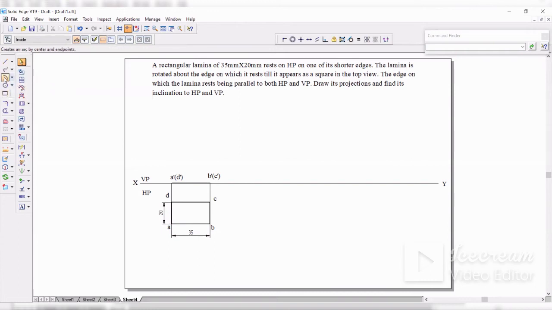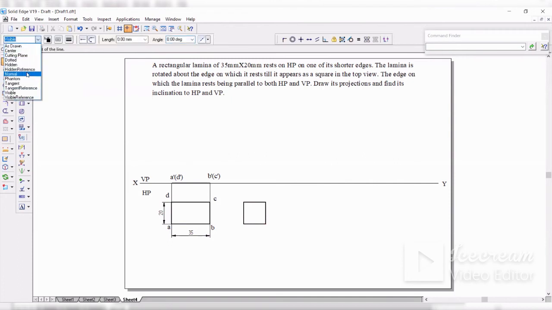So what I will do is start drawing from the same point as we did in the previous problem. So 20, I should draw a square. Again here 20. Again up 20. Then back here.